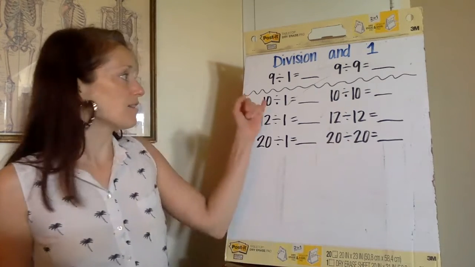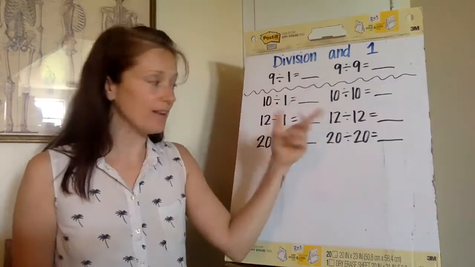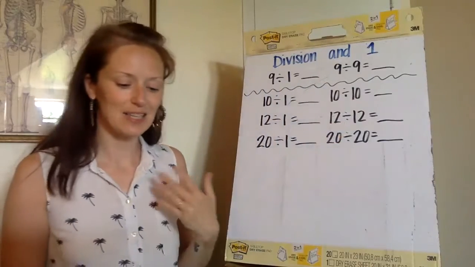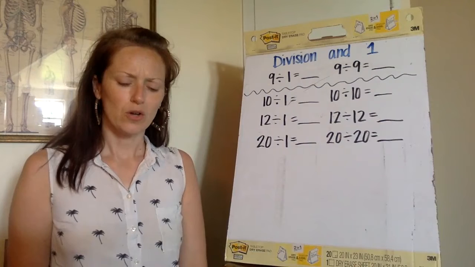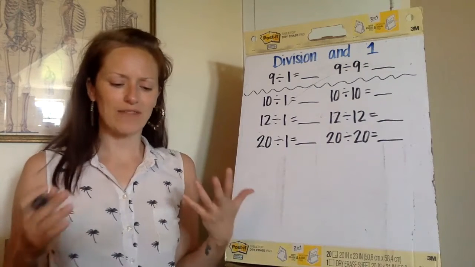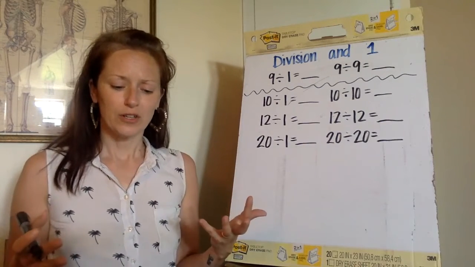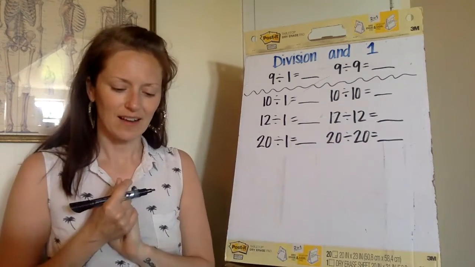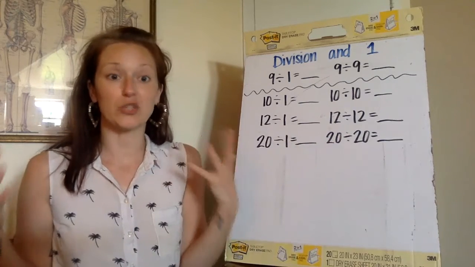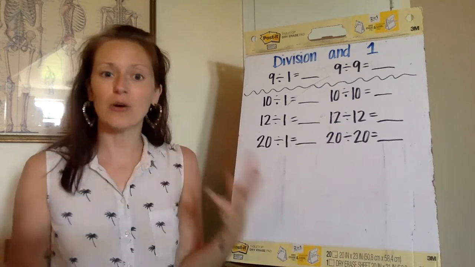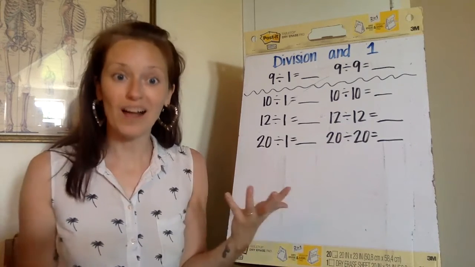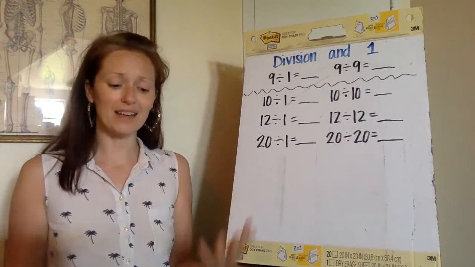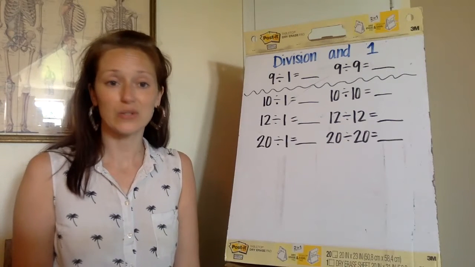So 10 divided by 10 is equal to 1. 12 divided by 12 is equal to 1. 9 divided by 9 is equal to 1. Let's imagine you have 20 donuts, and you want to put an equal number into 20 different bags. How many go in each bag? 1, right? Beautiful. So then we could say that our rule is that when you divide a number by itself, the answer is always going to be 1.